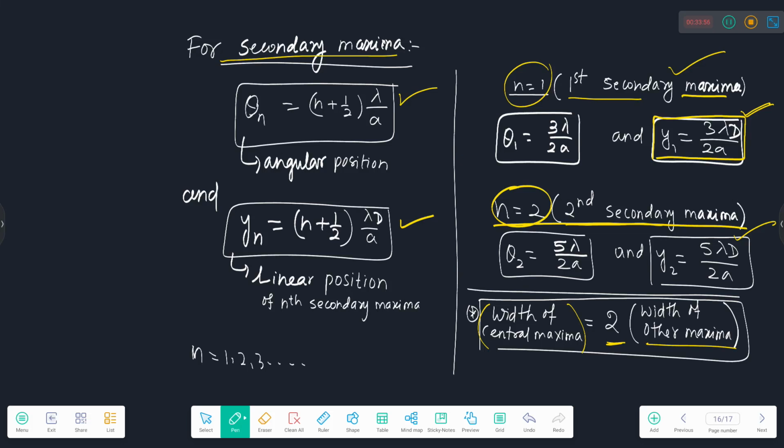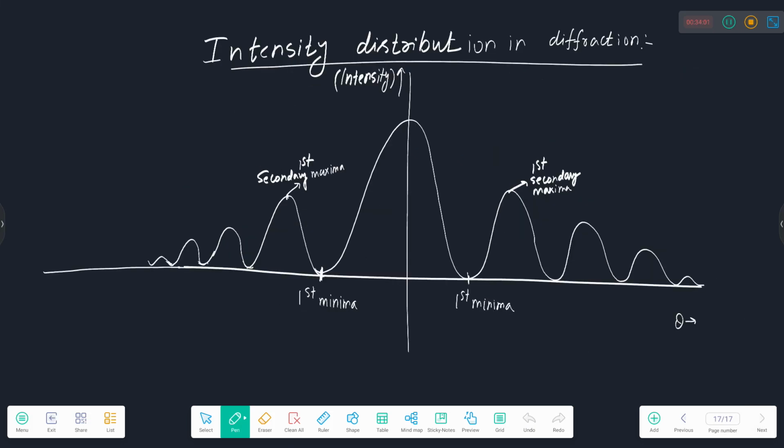Okay, remember that. Now next is intensity distribution. If you want to check intensity distribution in diffraction, on the y-axis take intensity and on the x-axis take theta. Here this is your first minima. This is your central bright, the central maxima, whose width is more than the other maxima.